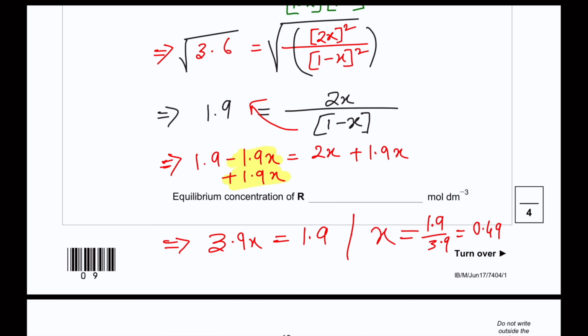So R has a concentration of 2x. R is equal to 2x. And since x is equal to 0.49, it will be 2 times 0.49, which is equal to 0.97. So the answer is 0.98 mole per dm cube.